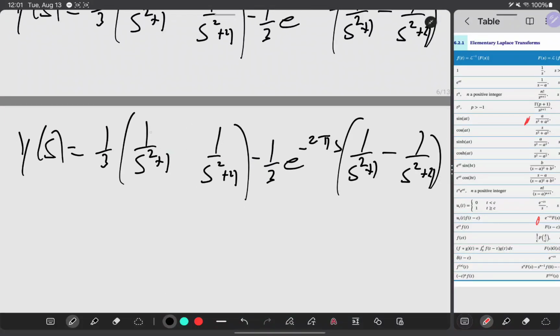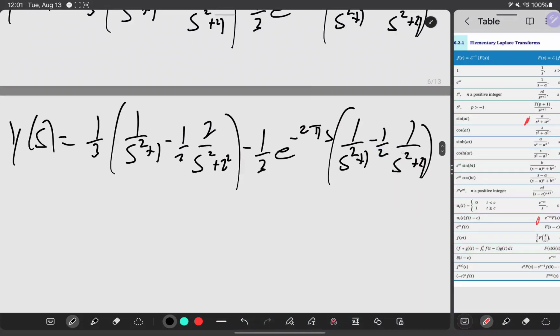The 1 corresponds with the 1, but the 4 has to correspond with 2 squared. That has to be rewritten as 2 squared, meaning we have to divide by 1/2. Another one of the techniques that we used in the original inverse Laplace video. So we're basically taking the inverse Laplace right now. Yeah, that's what we're going to do.